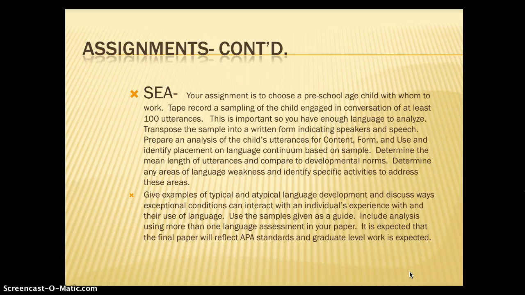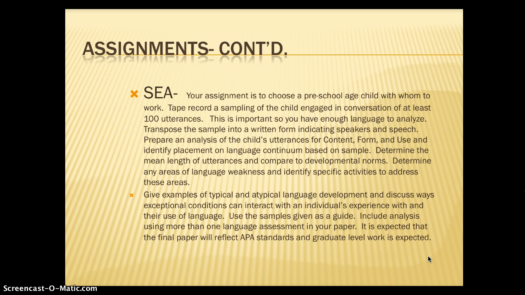And finally, we've touched on this in our welcome video, and in week 1 we talk about it a bit more, but here you must choose a preschool age child to work with. You'll tape record a sampling of the child engaged in conversation of at least 100 utterances. This is very important, that number, because you need to have enough language to analyze.